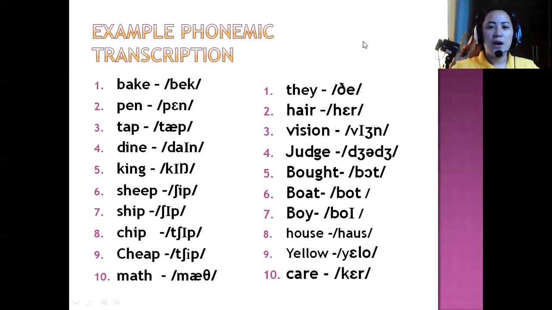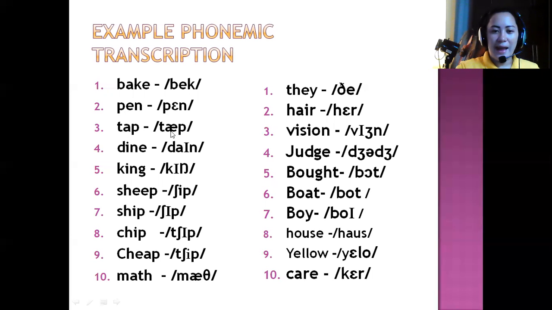Okay, for the word bake, this is the transcription. Take note, we have the long A, and the k. We will not actually call this one "kay"; if we have to be strict, this is k, k, b, b, because these are phonemic sounds, not alphabets. So this one, pen. Look at how this is transcribed.